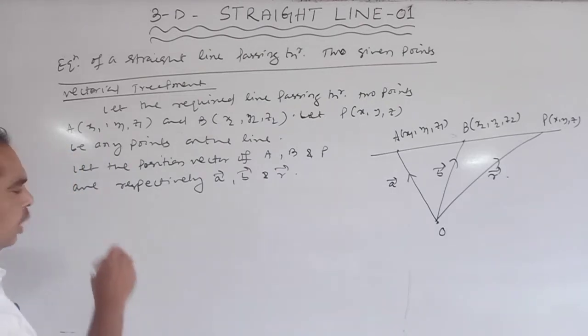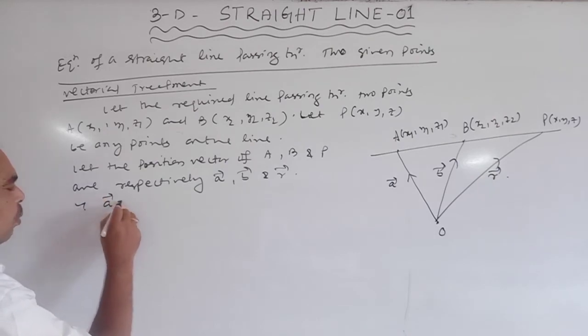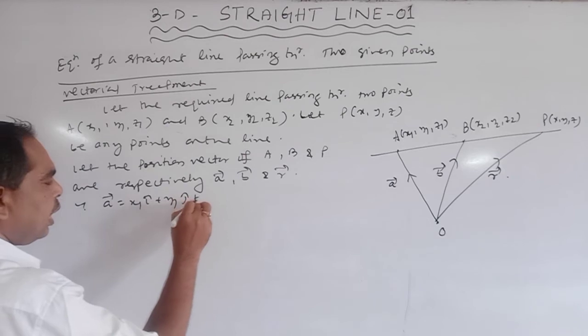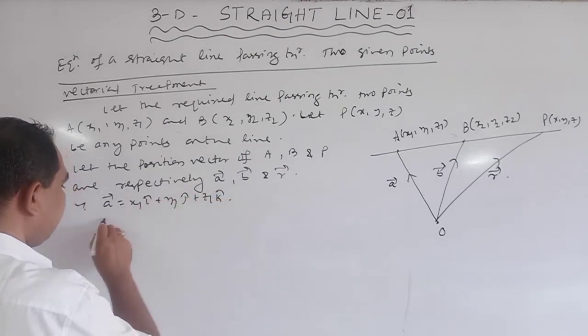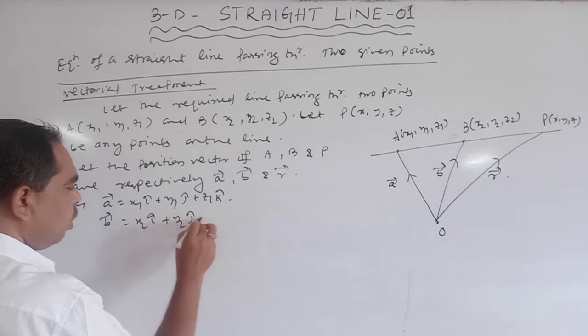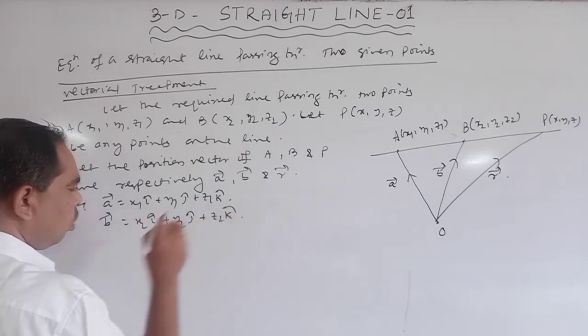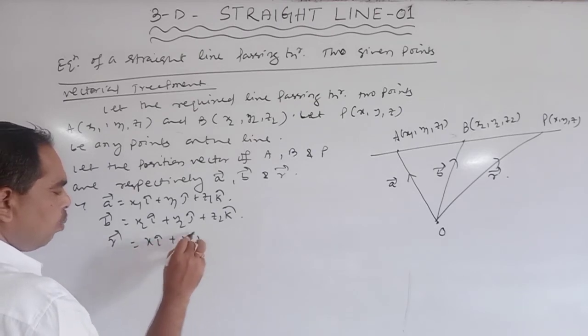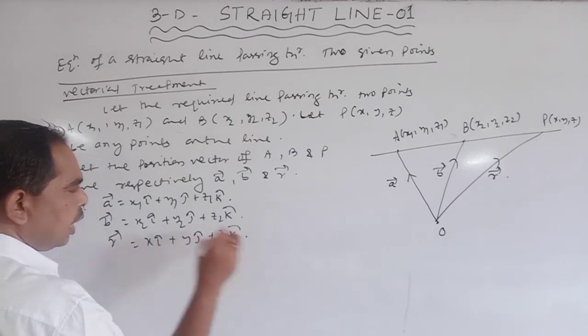That is, A vector means x1 i cap plus y1 j cap plus z1 k cap. B vector means x2 i cap plus y2 j cap plus z2 k cap. R vector means x i cap plus y j cap plus z k cap.